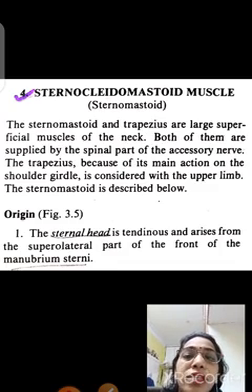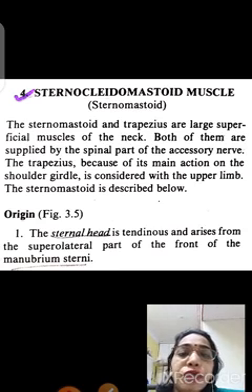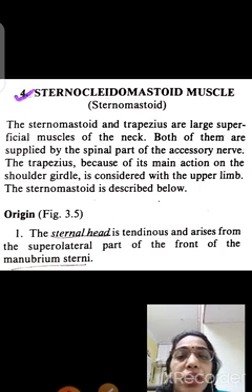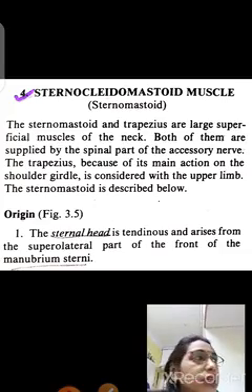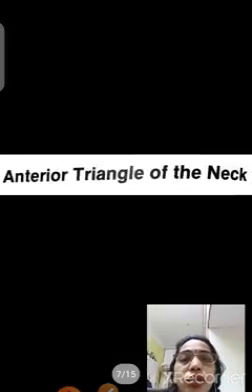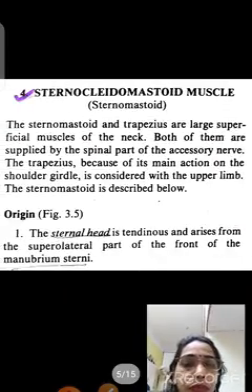Both of them are supplied by the spinal part of accessory nerve. The trapezius, because of its main action on the shoulder girdle, is considered with the upper limb, and the sternomastoid is described here below.